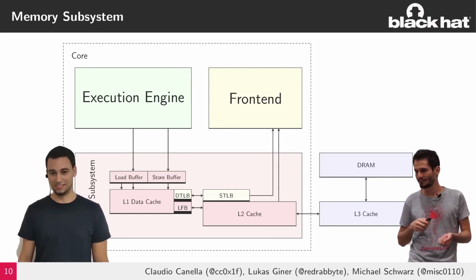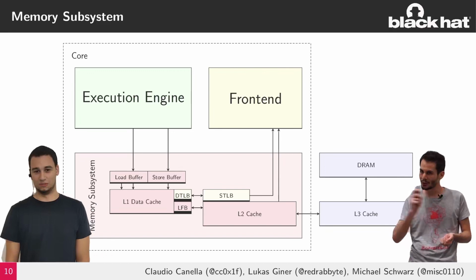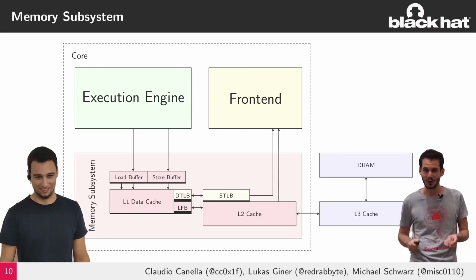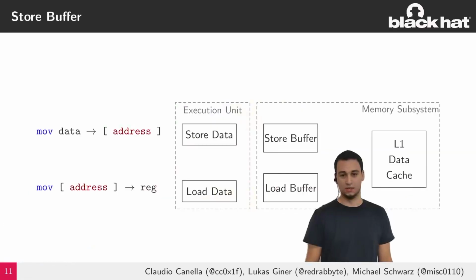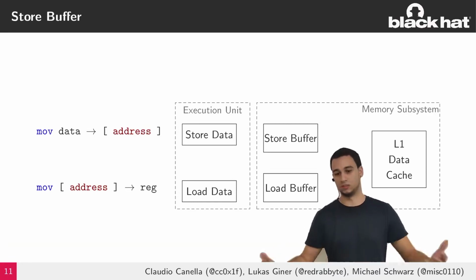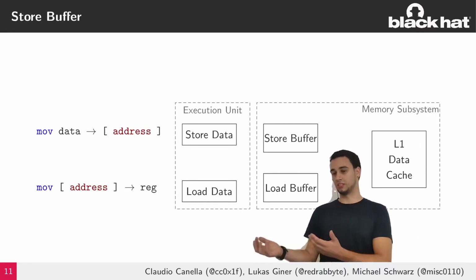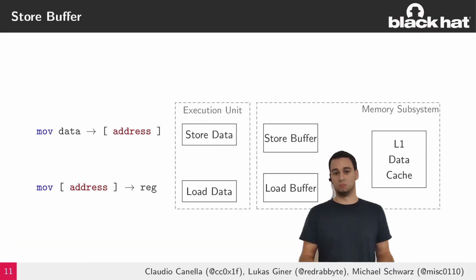So wow, that looks complicated. Yeah, so why don't you tell us a bit more about the store buffer? Okay, so let's see what actually happens if we have some data stores and data loads that we are executing that has to go through all this machinery you just explained before. So if we store some data, then what happens is that in the execution unit, we have the store operation.